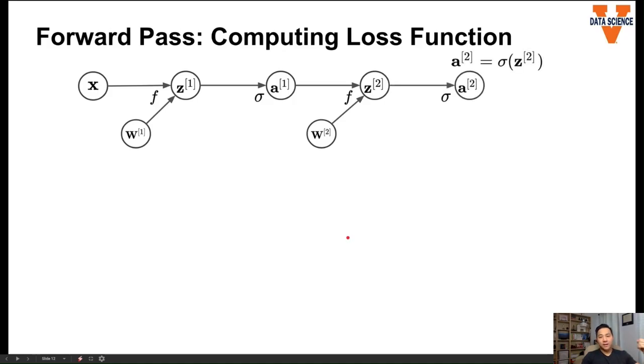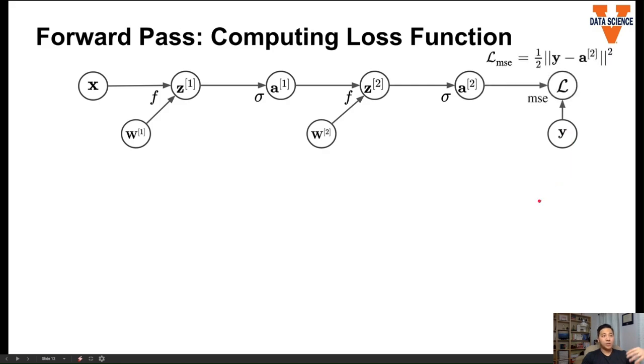And then again a nonlinear transformation to compute A2. Now from A2, I'm going to get the predicted value of the network. And from there, I can calculate the network error, or the value of the loss function, by comparing it with the label y. So here we go, we have a loss function, which is MSE, to calculate the error of the network. And that is our forward pass.